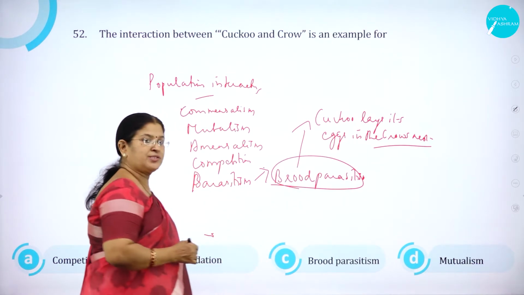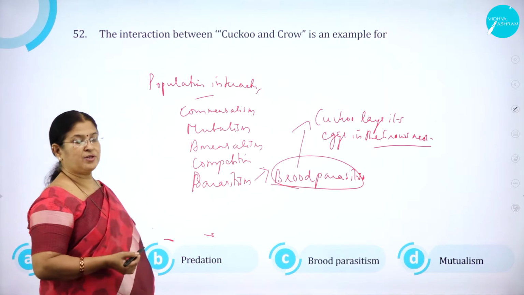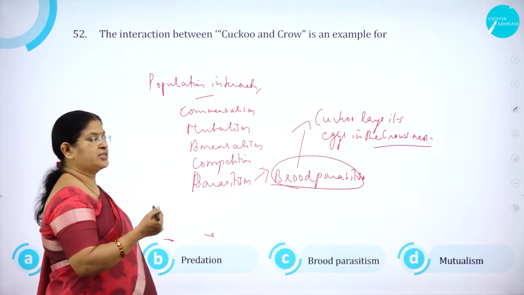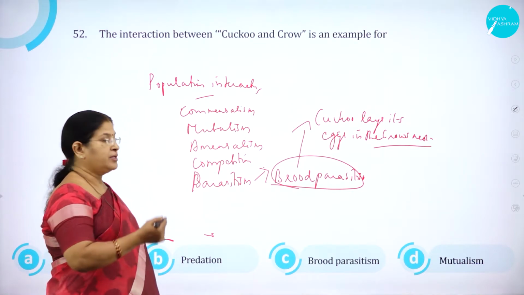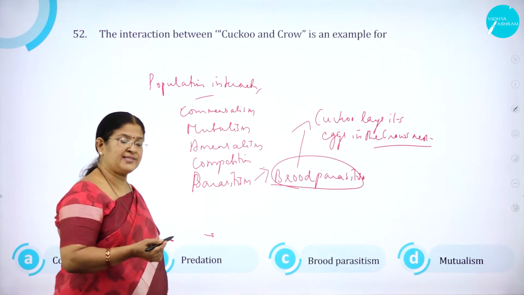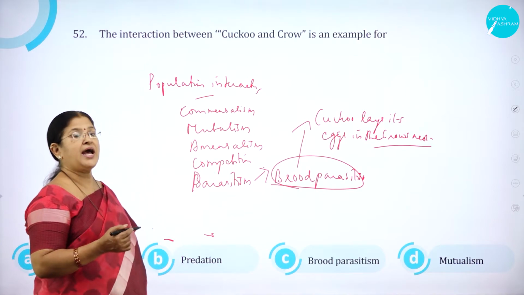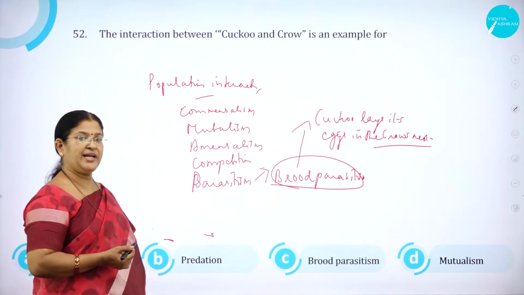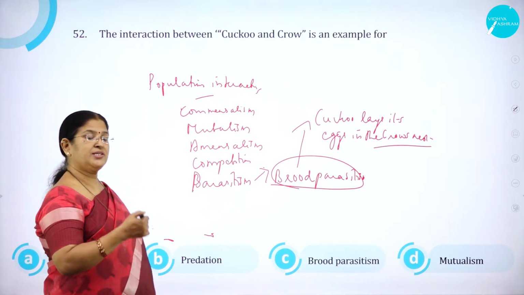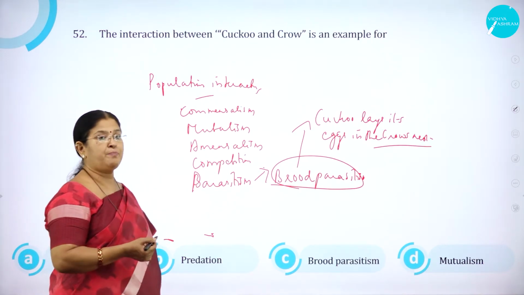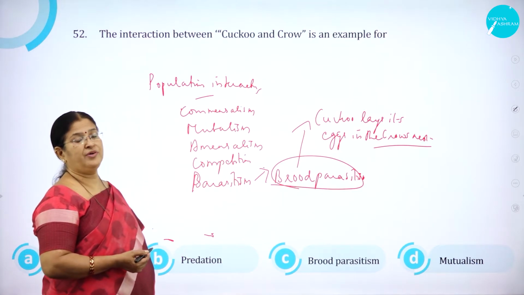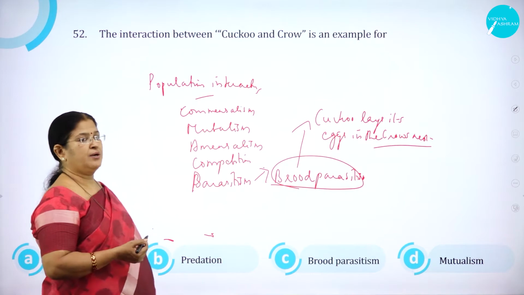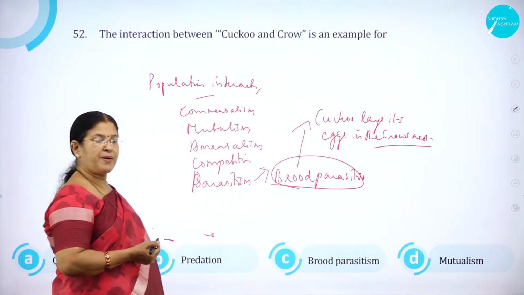The cuckoo bird is black in color, and even the crow is black in color. So the eggs are almost similar, the crow will mistake it and hatch it. So it takes the help of the crow's nest for hatching of its eggs. Such an interaction is called brood parasitism.